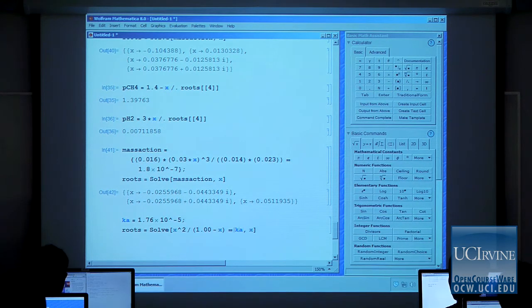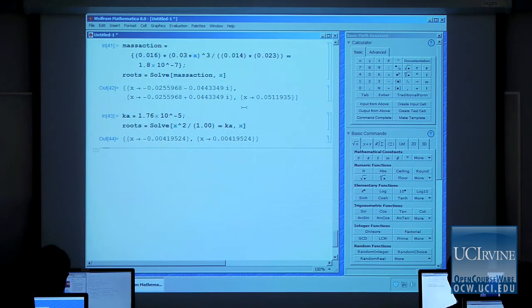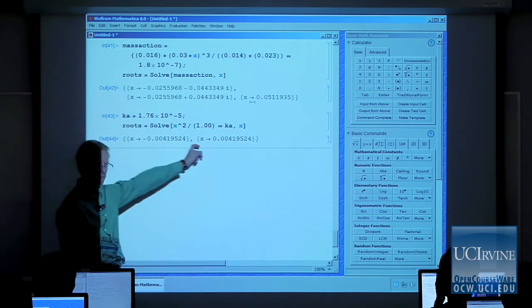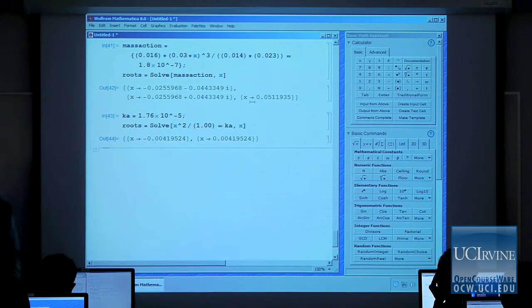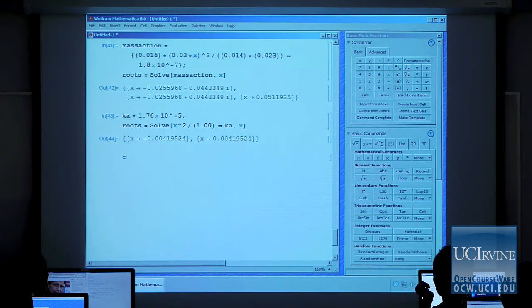Actually, let's first do the approximation. All right, so we get rid of that. Solve. Okay, so we get two roots. Obviously, the second one is the one we want. All right, and so now we can say, give me the pH, or another way I can do it is I can say CH3O, the concentration of H3O at equilibrium, is equal to x /. roots, second element.